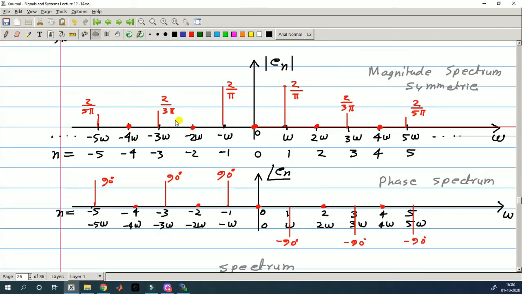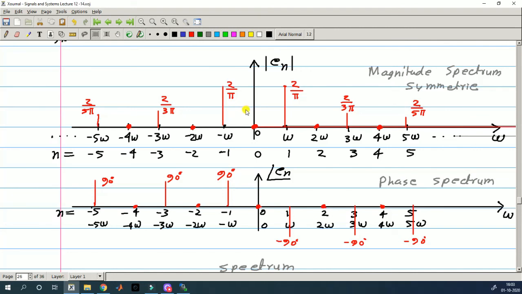So this graph, where we have magnitude of different coefficients as a function of frequency or n, is called magnitude spectrum, and this graph where we have phase angle, that is the angle of different coefficients as a function of n or omega, is called phase spectrum.